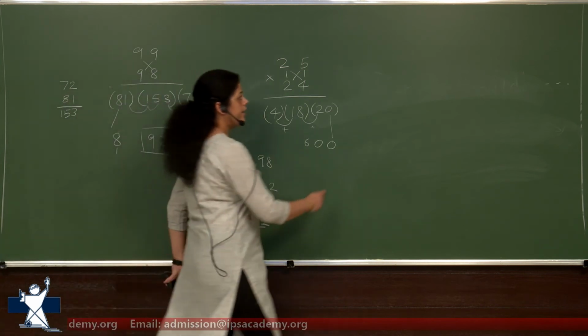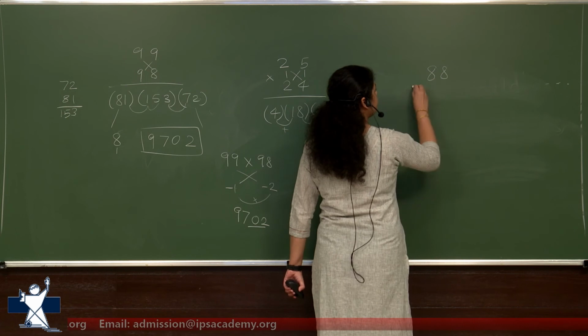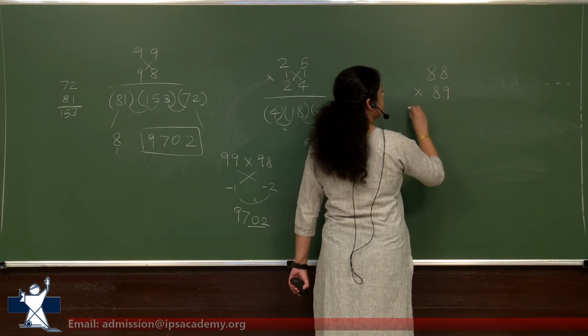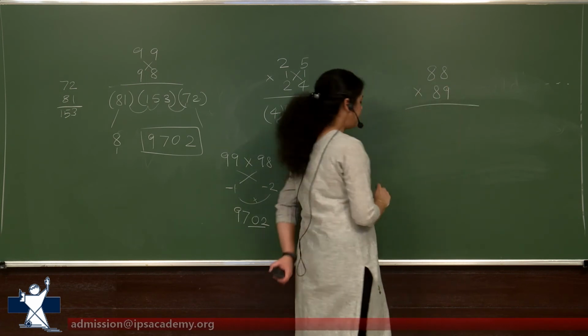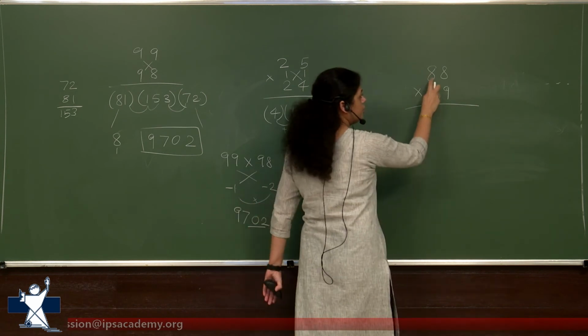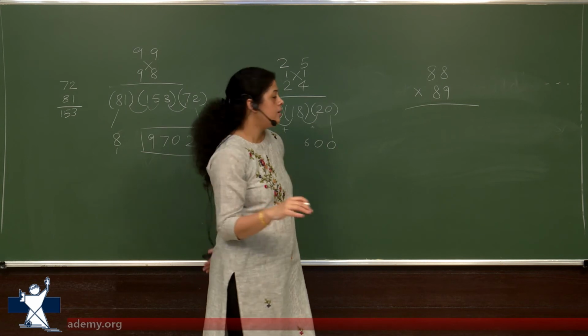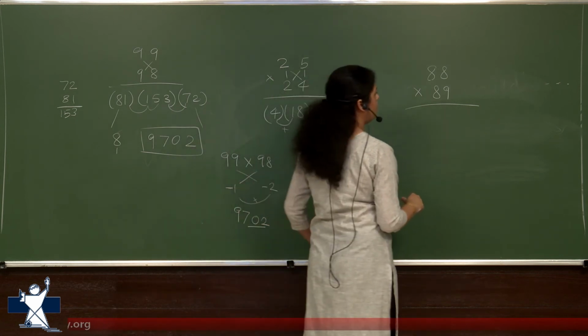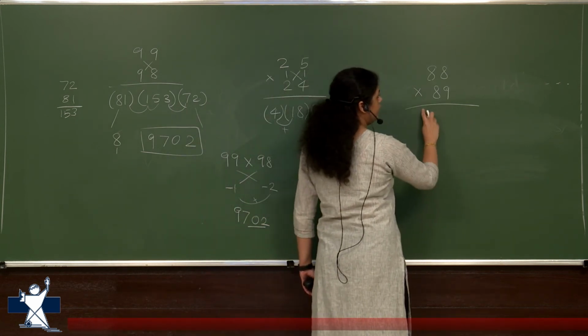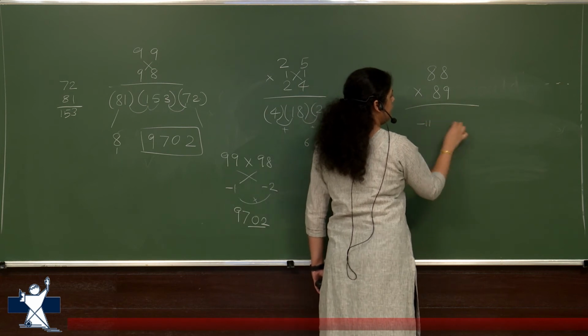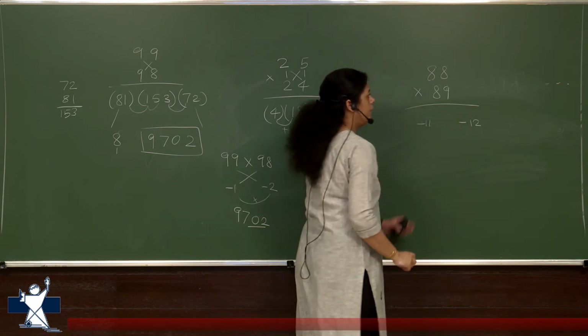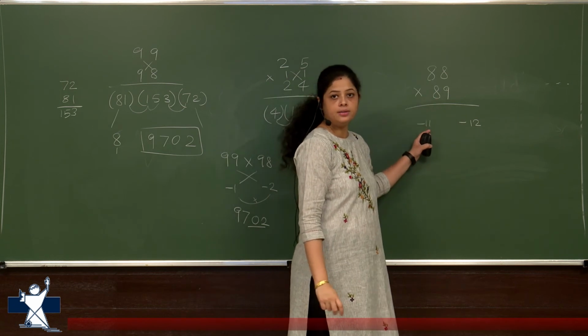So what if I get 88 into 89? By this method, since they both are approaching 100, 100 में जब अगर 80s में हो तब तक you can go, otherwise you will end up in calculating more complex things. So 88 into 89, we can see minus 11 and minus 12 is the difference. 88 का minus 12 है, 89 का minus 11 है.